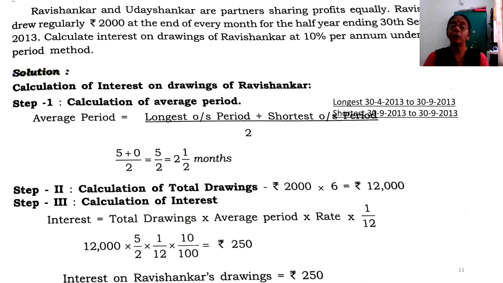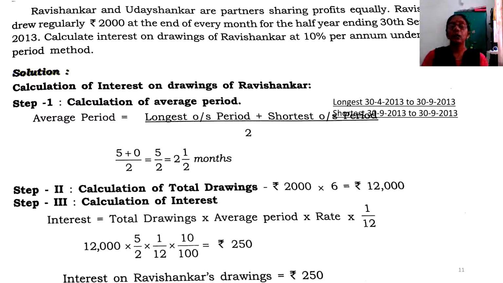You should add back this average period. So naturally your formula stands like this. IOD is equal to total drawings into average period into rate into 1 by 12. Instead of writing 1 by 12, you can also express it as average period by 12. It is the same. Like when you multiply any number by 1, it is the same number. You know that pretty well. So instead of writing a long formula, you can shorten it by saying it as average period by 12.